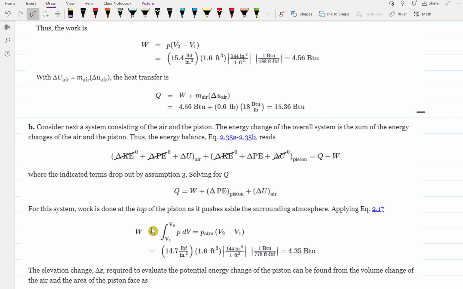That's why W in case B is smaller. Instead, the change in potential energy of the piston is included in the energy change of the system. So from this question, depending on how the system is selected, the mass of the piston is considered as work in case A, or as potential energy change in the system in case B.